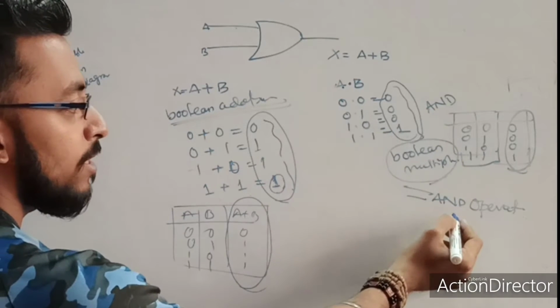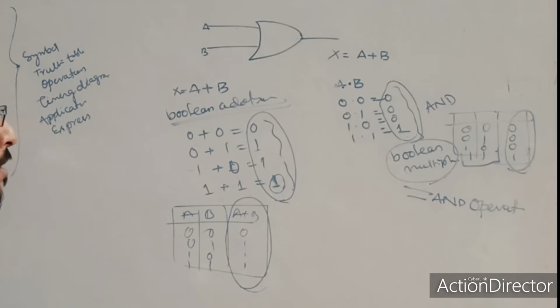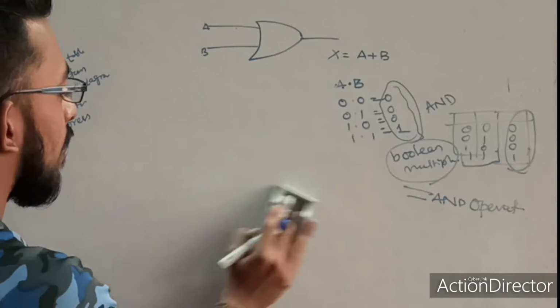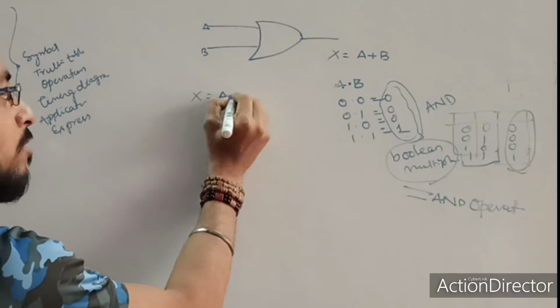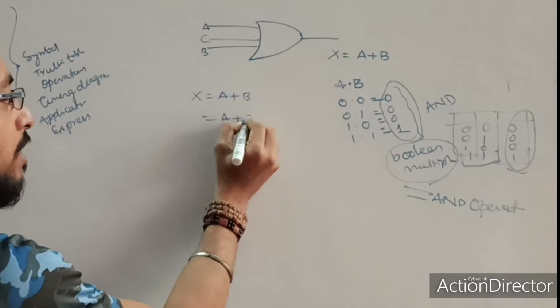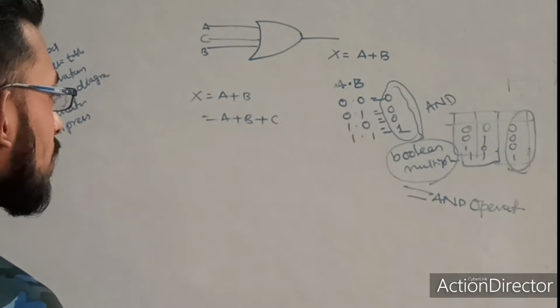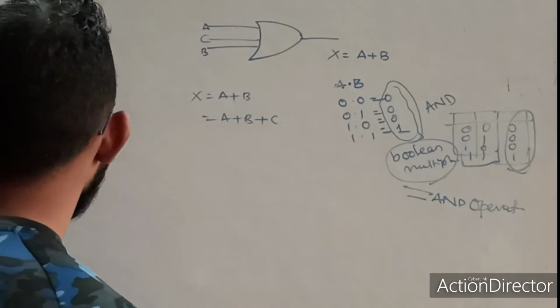Boolean multiplication is the same as the AND operation, and Boolean addition is the same as the OR operation. How do we represent that? With two inputs, I will write X equals A plus B. If I have three inputs, then I will write A plus B plus C. This is how I represent my OR gate output.